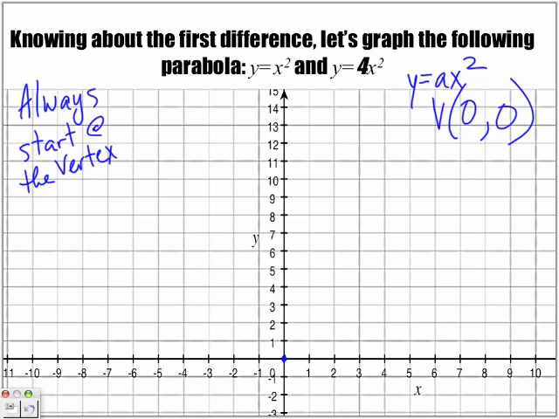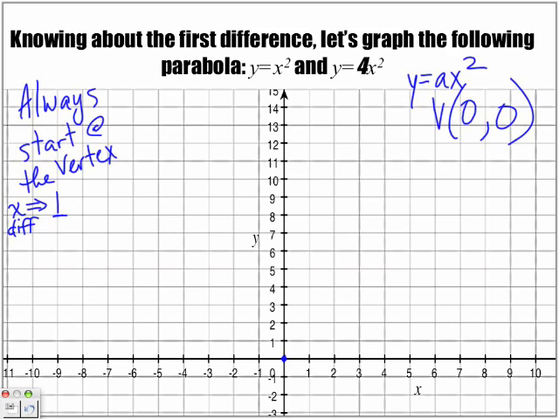In terms of the shortcut, once we're starting from the vertex, we're going to move now. We said that along the x-axis, the change or the difference in x is always 1.